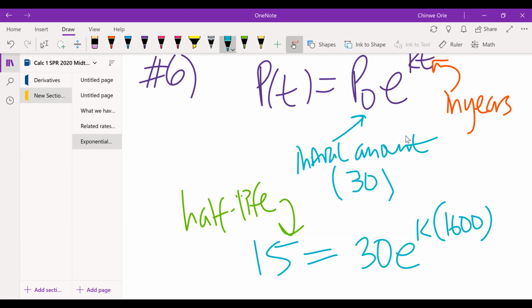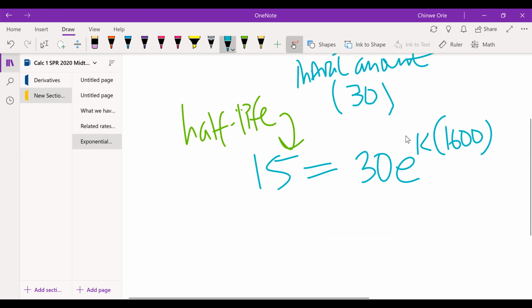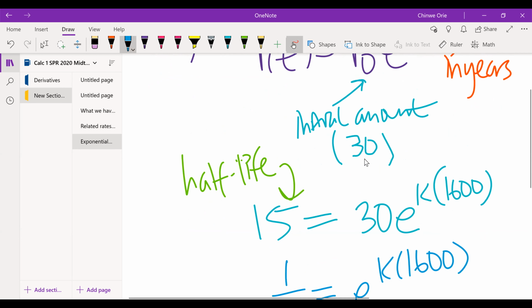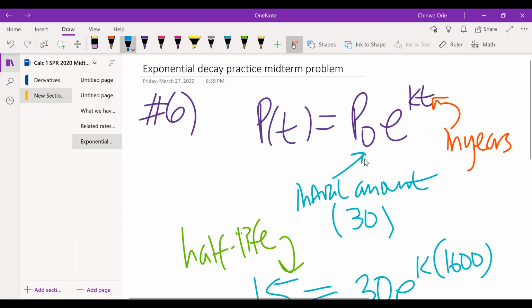Time to figure this one out. You can divide both sides by 30 to get 1/2 equals e to the 1600k. How do we get rid of exponents, guys? Wait, would you write negative K there or no? I haven't written any negative yet.